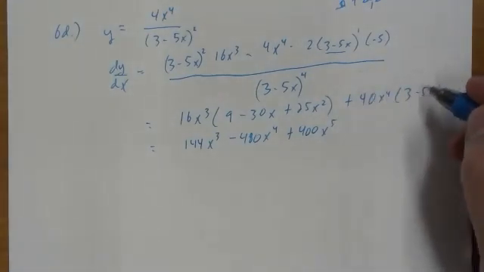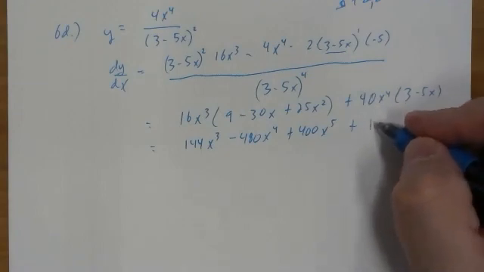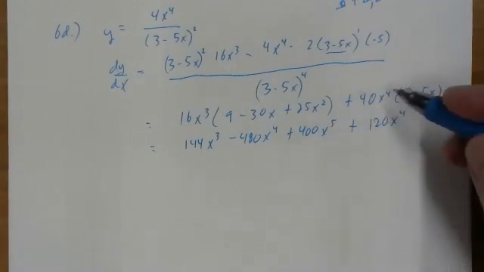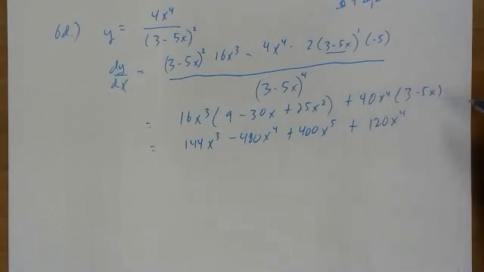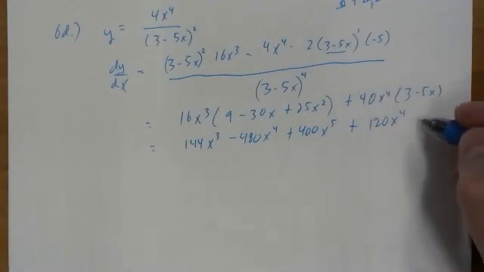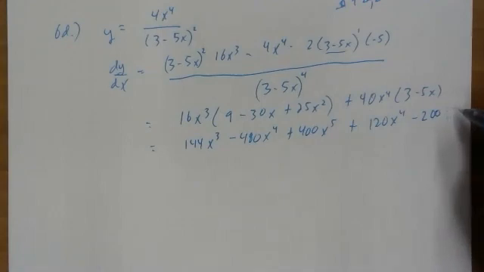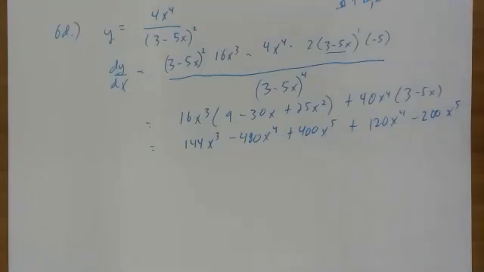So 40x to the fourth times 3, 120x to the fourth. And 40x to the fourth times 5 is going to be minus 200x to the fifth.